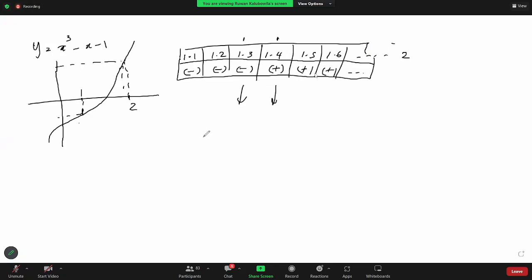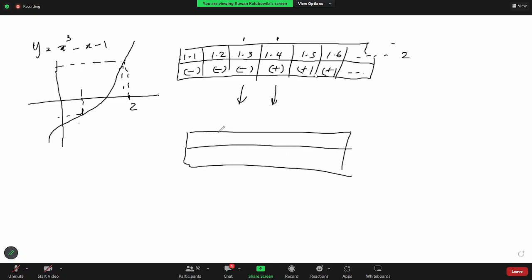Then you can take this interval and do the next iteration. Your start point is 1.31, then 1.32, 1.33, like that, up to 1.40, and again check the signs.